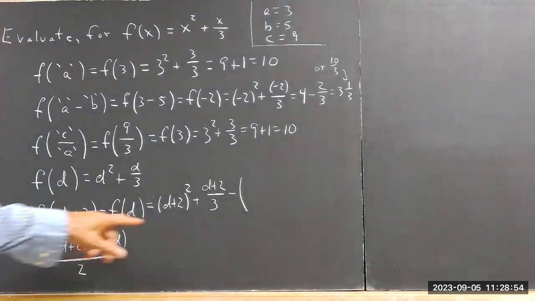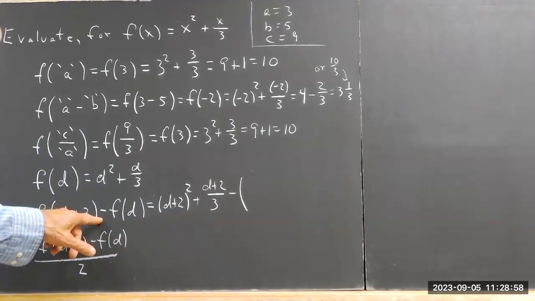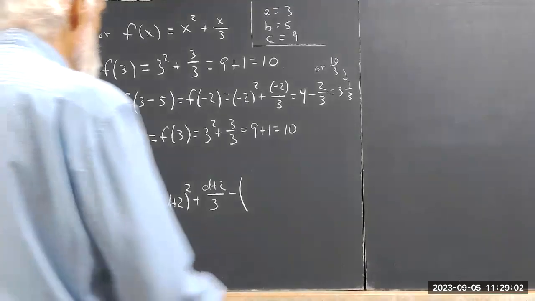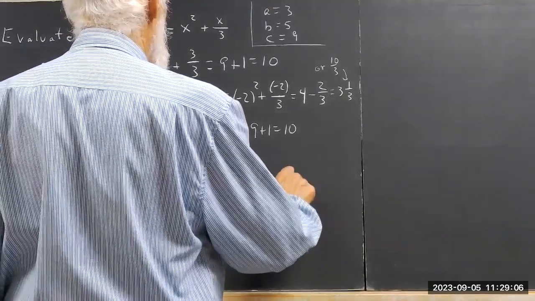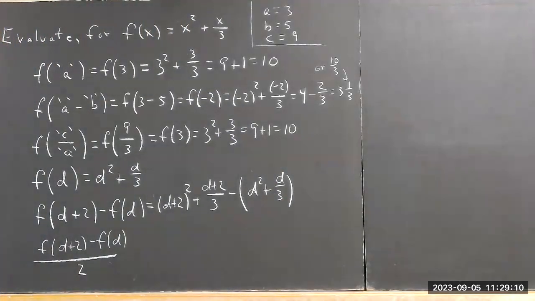Okay, so first of all, there's f of d plus 2. Then we're going to do minus f of d. F of d is d squared plus d over 3.